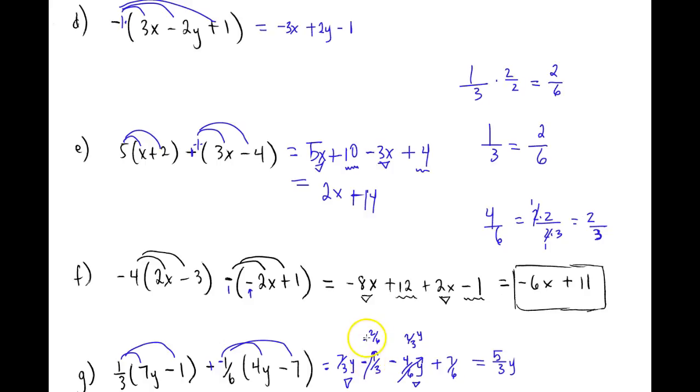So now that we have a negative 2 over 6 plus 7 over 6, our denominators will pretty much stay the same. And since 2 is smaller than 7, our number here is just going to be positive. And so we know that that's going to end up being positive 5 over 6. And so this is our final answer for G.